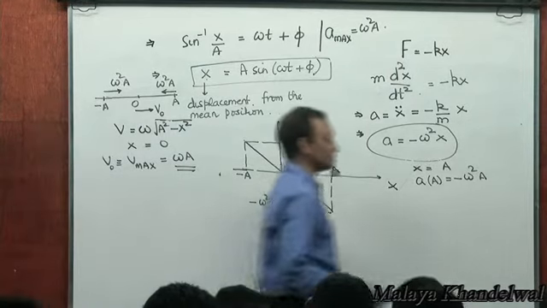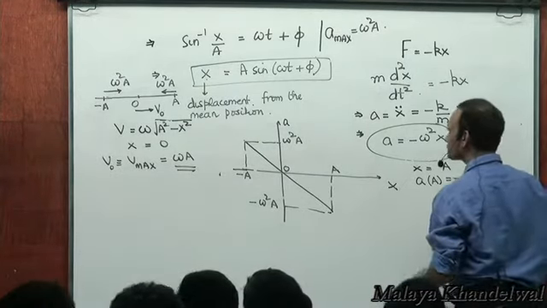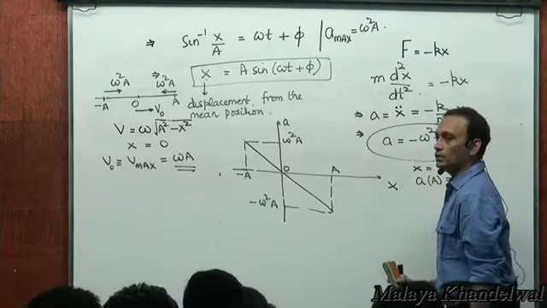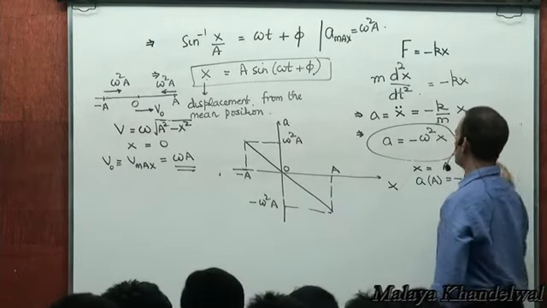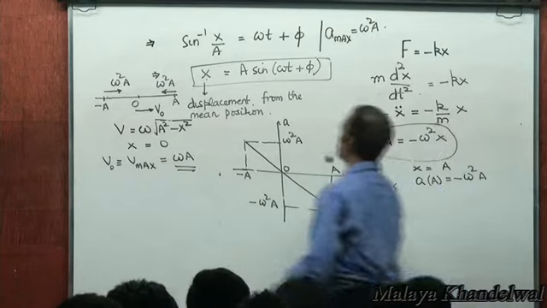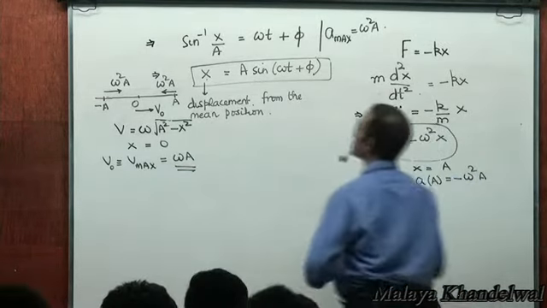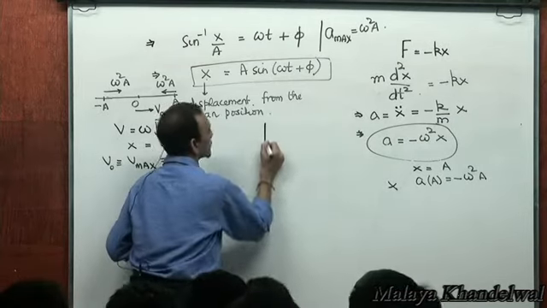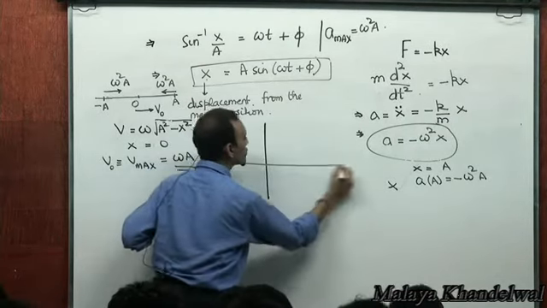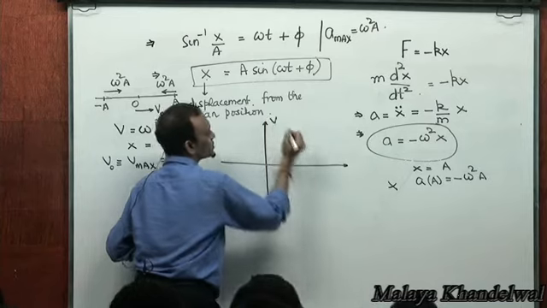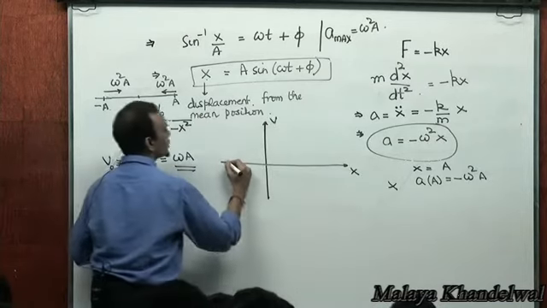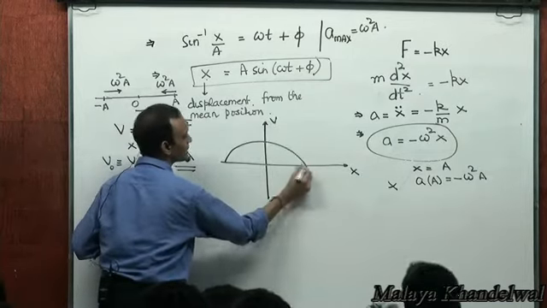In fact, the speed versus x. Can I wipe this portion off? The v versus x, let me tell you, if I had to plot this, I may not be able to give you insight into it right now because we have not done ellipses, but let me tell you that it's going to be an ellipse like this.